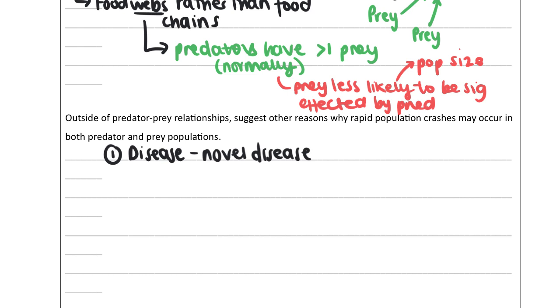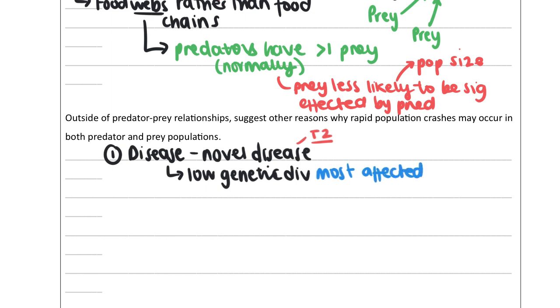And remember, this is an opportunity for them to bring in topic 2, my bad. And the diseases are particularly going to impact populations with a low genetic diversity. So low genetic diversity, most affected. Because if everyone's the same, you're going to wipe everyone out, aren't you?